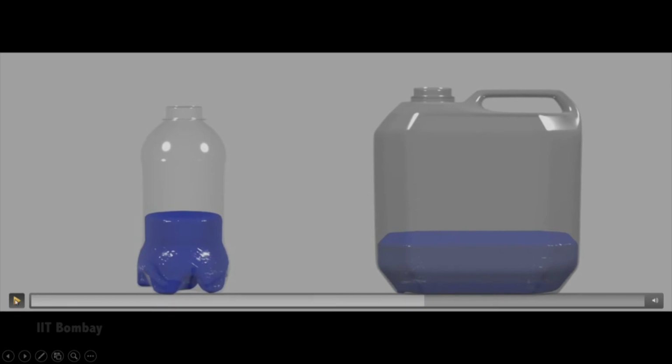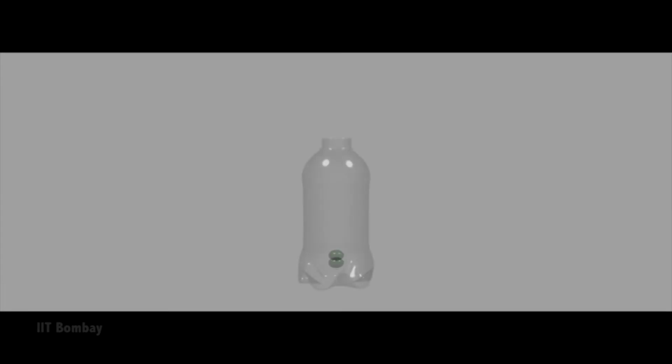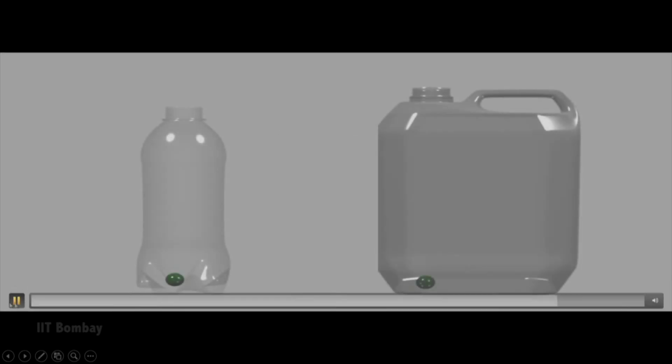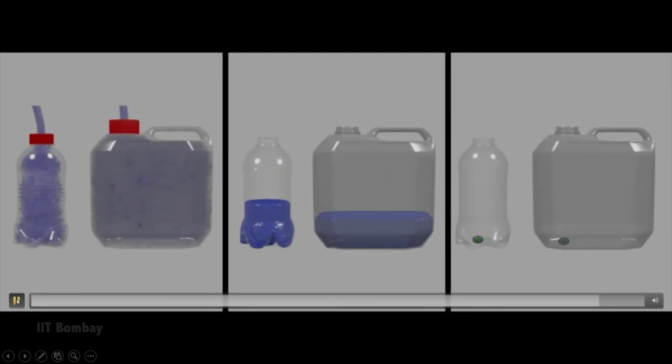Now, let us see the third experiment with solid. Here you can see that the solid occupied its own volume.